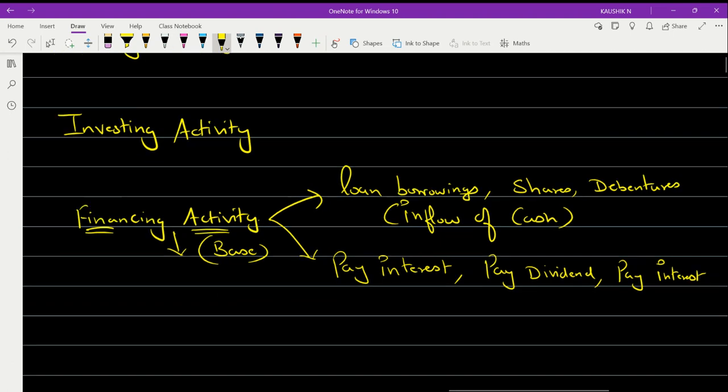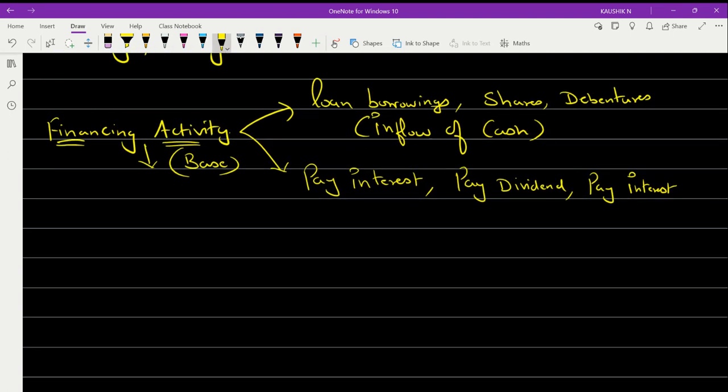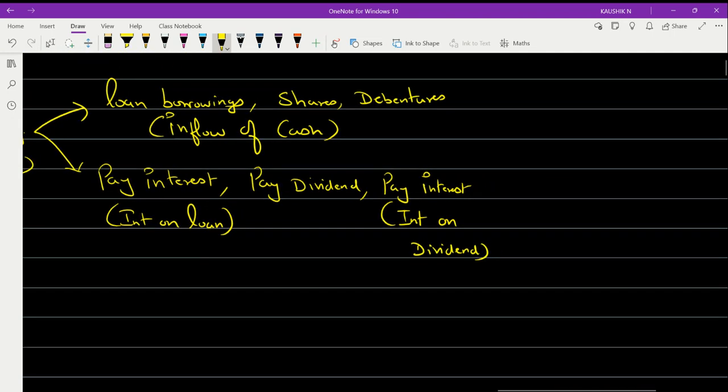Then you may say, sir, are we paying interest twice? This is with respect to bank loans or any other financial institution loans. This is interest on loan borrowed. This is interest on debentures and this is dividend. So when you make a payment of money towards interest and dividend, this will be declared as an outflow of cash.